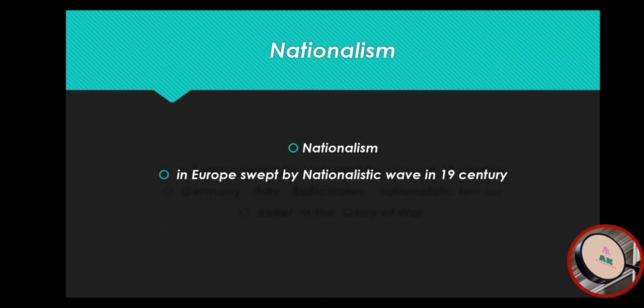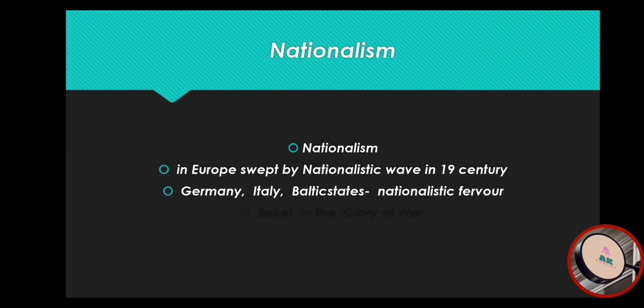In nationalism, a nationalistic wave swept across Europe in the 19th century. So Europe started to think, if we want freedom, if we want to do something for our country, the important thing is, yes, war. We have to fight for our country. That's what they built themselves on.